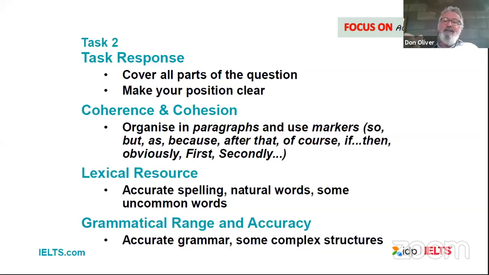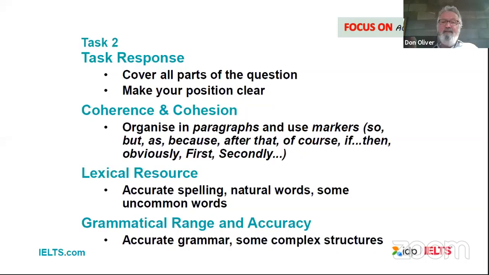The third criterion, lexical resource: make sure your spelling is accurate. And remember, spend a bit of time at the end of your essay, 2 or 3 minutes, checking for spelling mistakes. And if you're doing the computer delivered test, the IELTS computer test, especially be careful, because sometimes we type rather quickly and we make errors because of our fat fingers that we would never make with a pencil and paper.